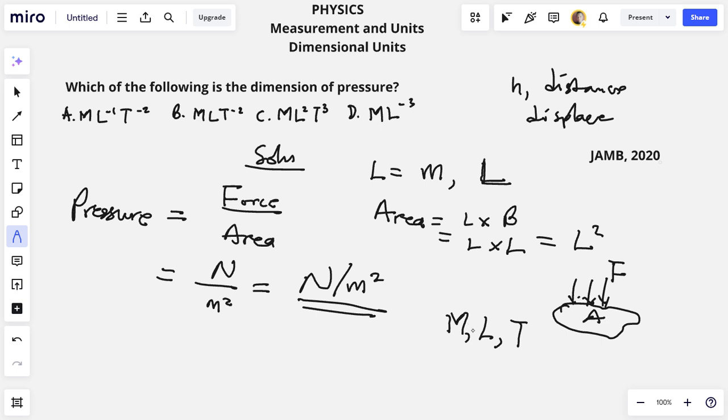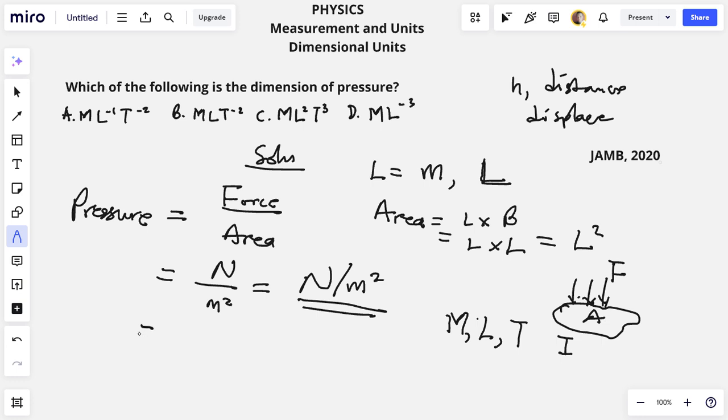This is the three basic. Though recently they've added capital letter I, which is current. But the three basic dimensional units are mass, length, and time. That means every other unit that you think of contains these three units.